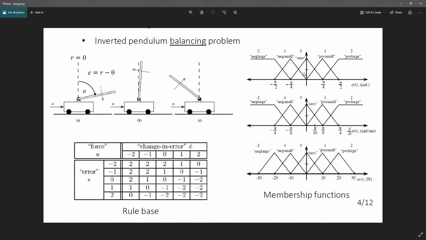It won't say this is exactly 0, or negative small, or negative large. It has some range. The range of 0 may take from minus pi quarter to pi quarter. This range can be changed, depending on the creator or developer.